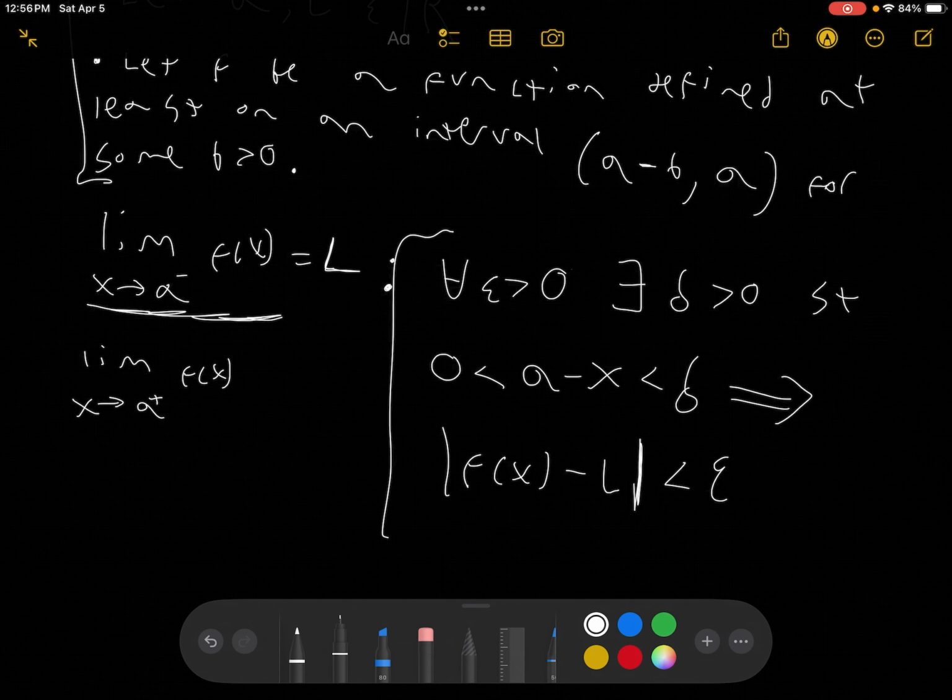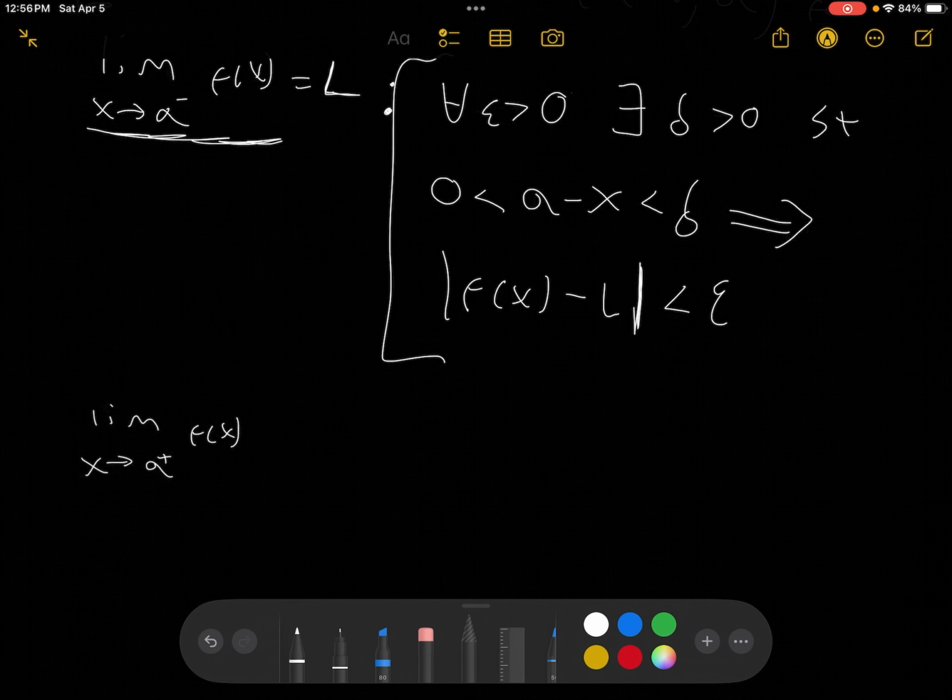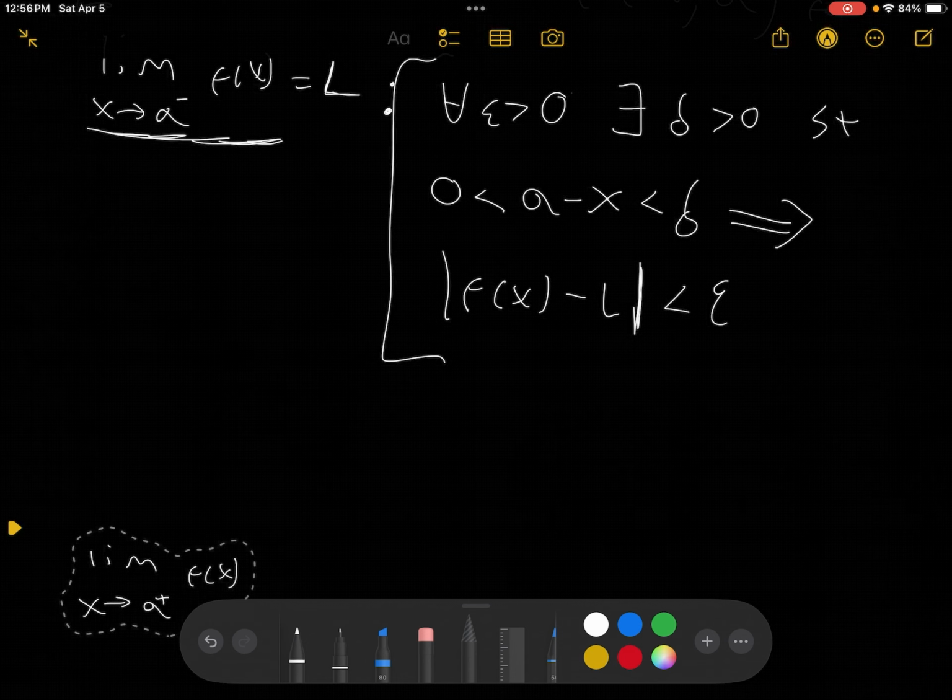So this is our definition for approaching the limit on the left, and we can do pretty much the same thing for the limit on the right.